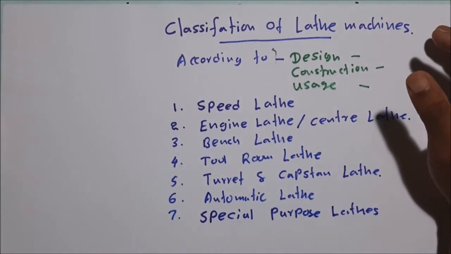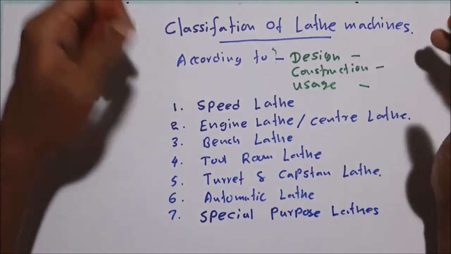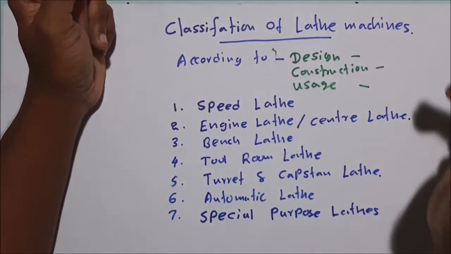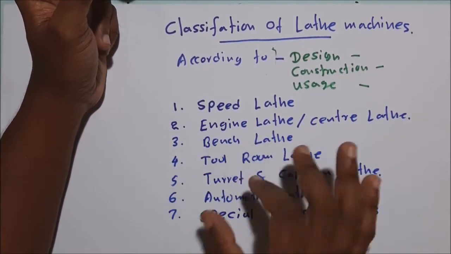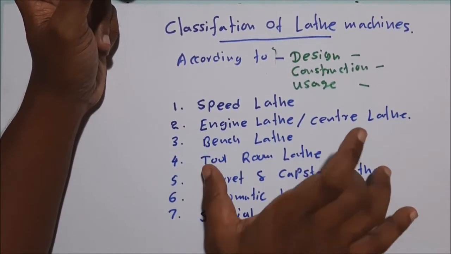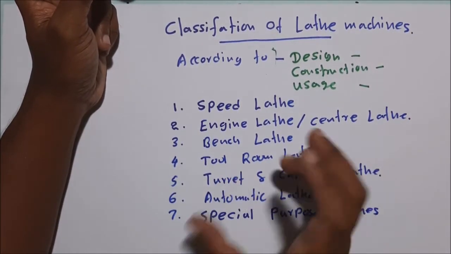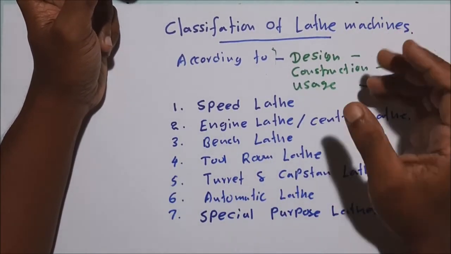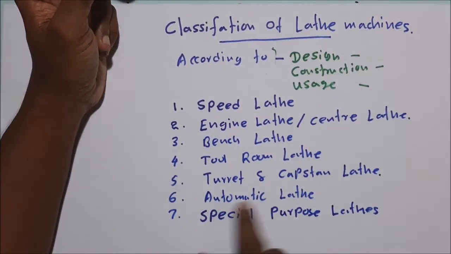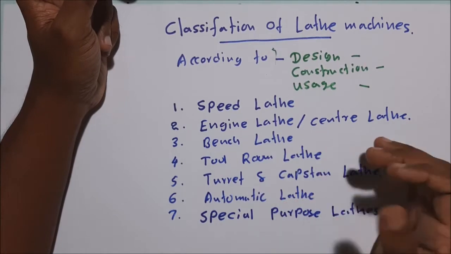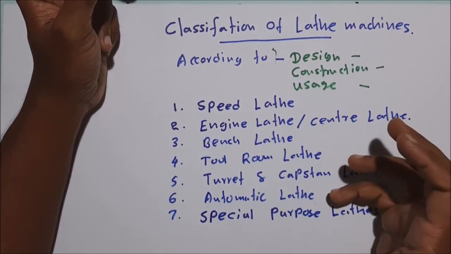Actually, these are 2 types, but we can classify them into 1 category because they are most similar types of lathe machine, with only a few differences. Then the automatic lathe, where CNC and numerical control lathe machines are categorized.